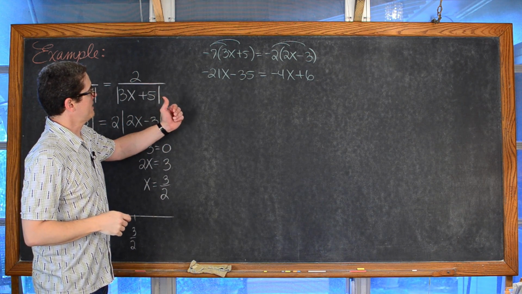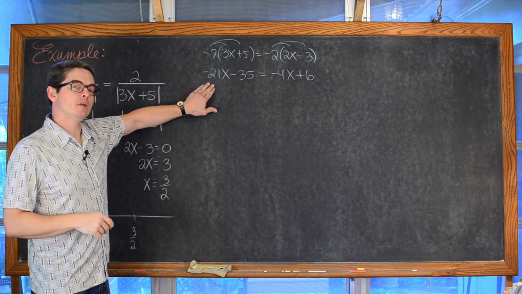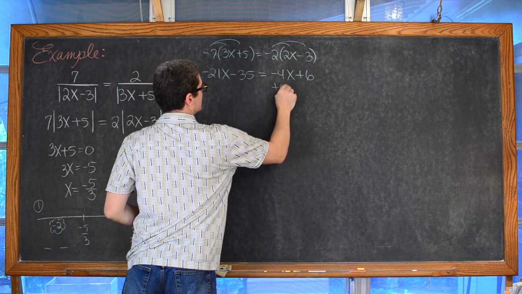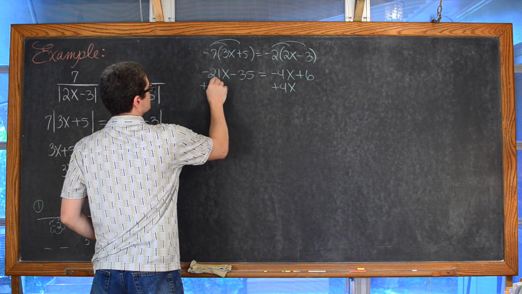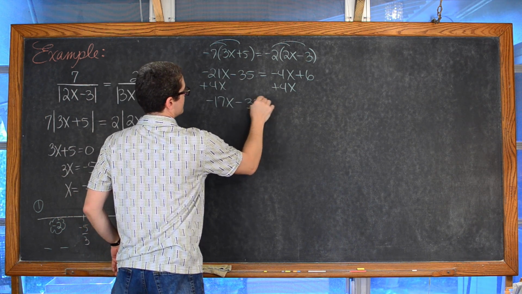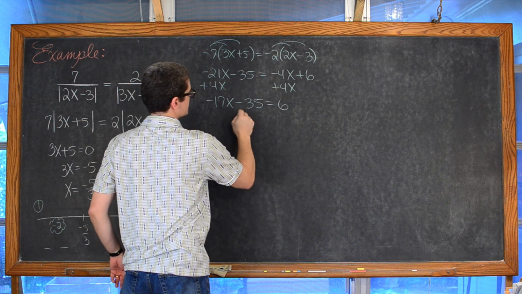Let's go ahead and move the -4 to the left with addition. We're going to add 4x to both sides. That's going to give us -17x minus 35 is equal to 6.